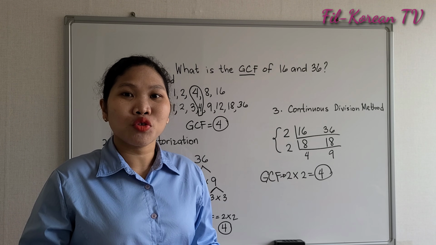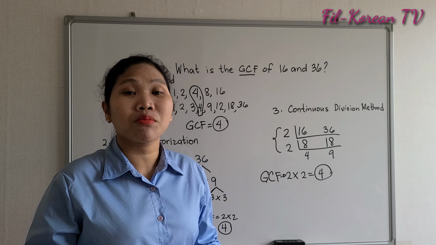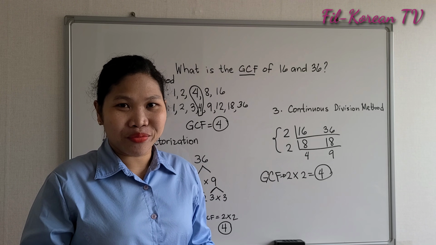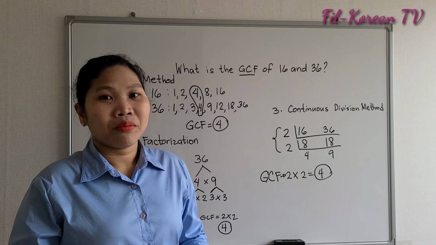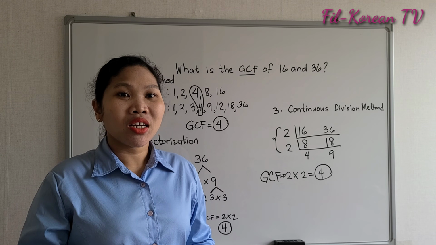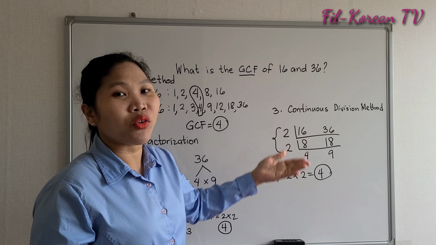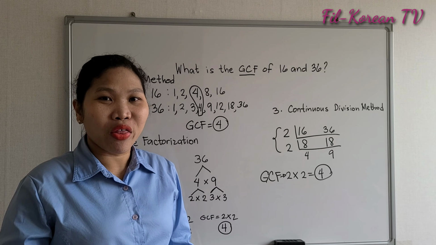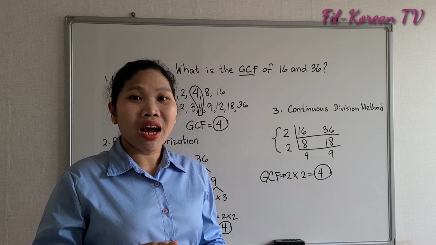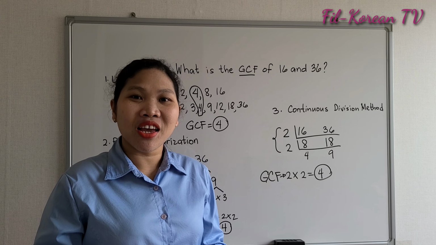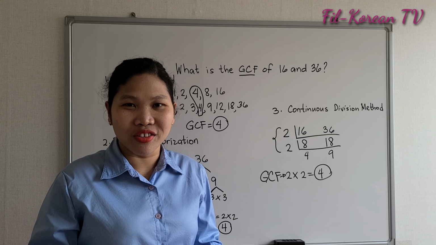It's up to you to choose what is the easiest method for you to quickly find the GCF. But for me, the fastest way to find the GCF is using the continuous division method. I'll give you another example for you to better understand each method.